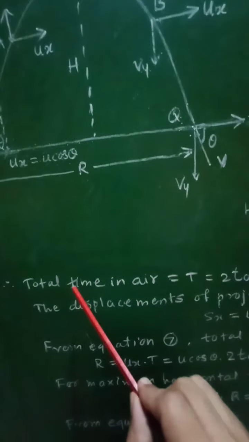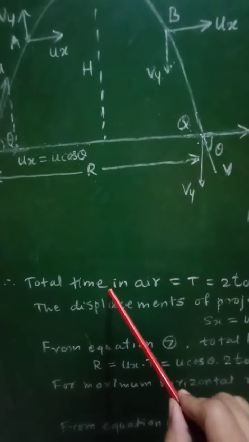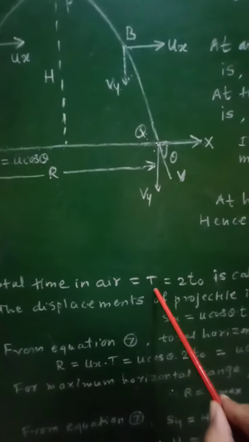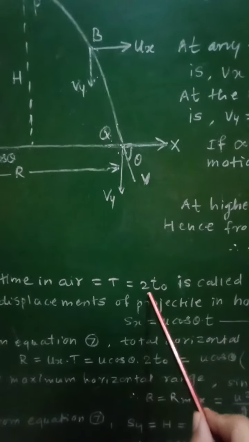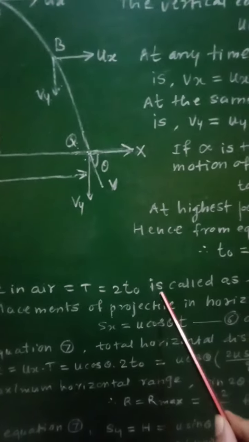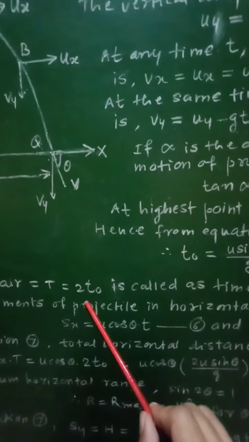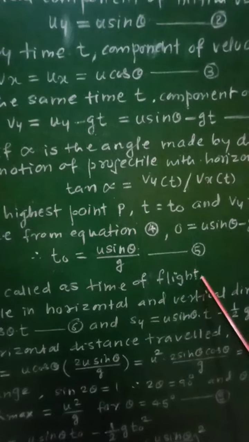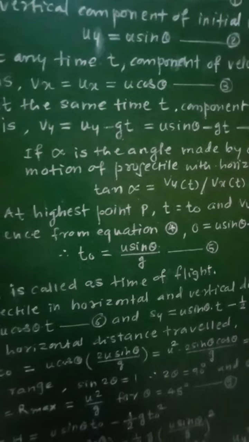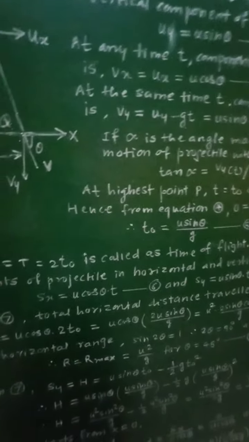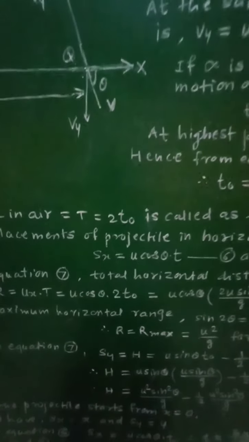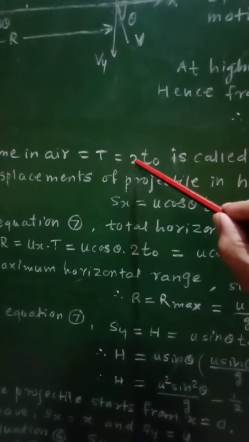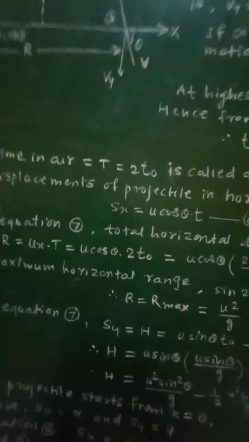Therefore the total time for which that projectile remains in air will be equal to capital T, that is twice t0, and this time T, equal to 2t0, is called the time of flight of that projectile. So it is the total time taken by that projectile to complete its entire trajectory, and therefore this time T will be equal to 2 times t0.